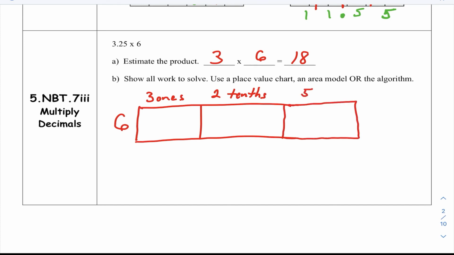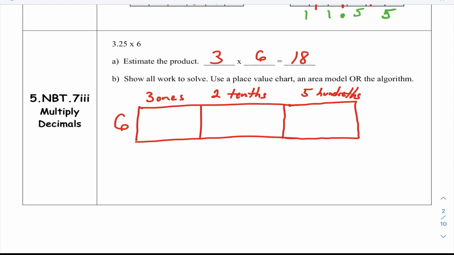And 5 hundredths. Okay. In setting up the area model, you'll find it very useful to convert it to unit form. So I just have the value of each digit in that number. And now I'm just going to multiply each of those pieces by 6, keeping the units.